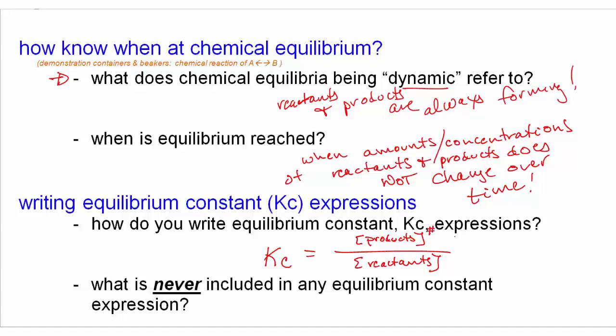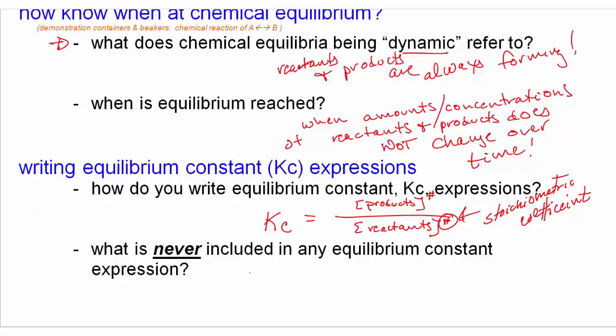You raise these concentrations of reactants and products to a power, and that power is always the stoichiometric coefficient. So whatever the stoichiometric coefficient is for that product or reactant in the chemical reaction, that becomes the power.